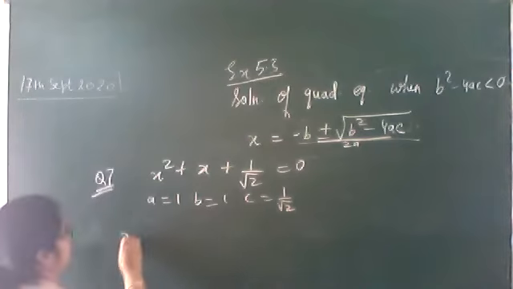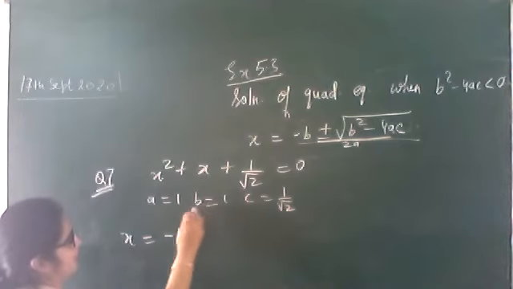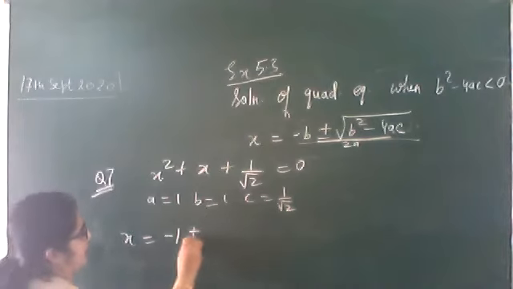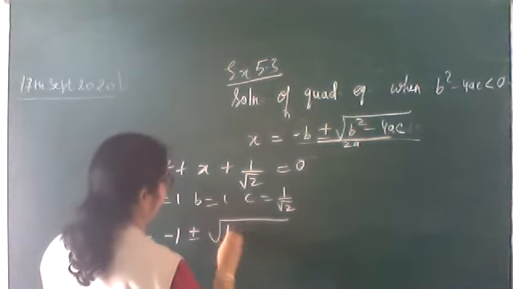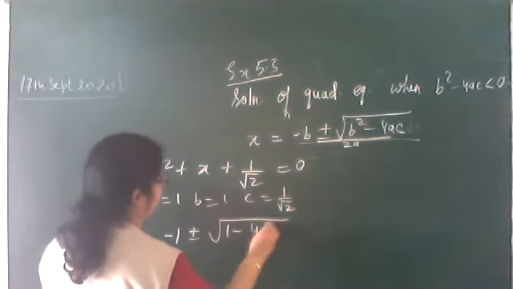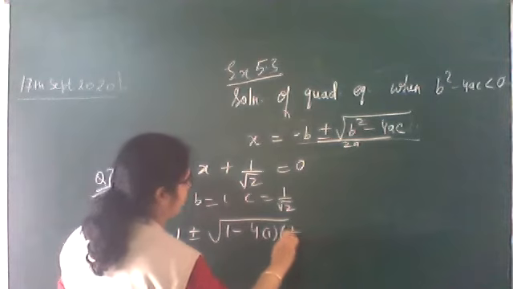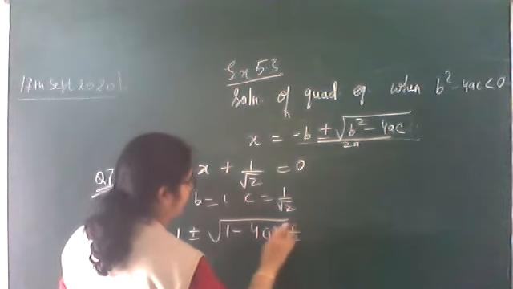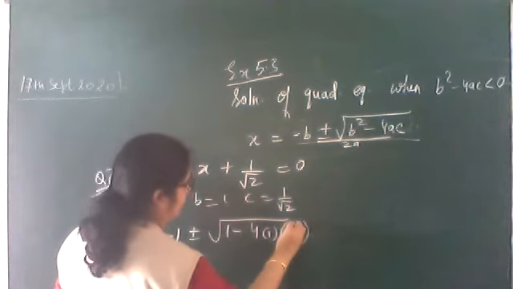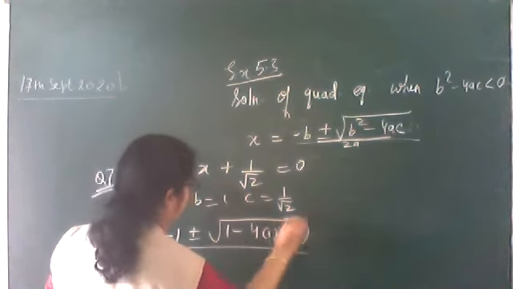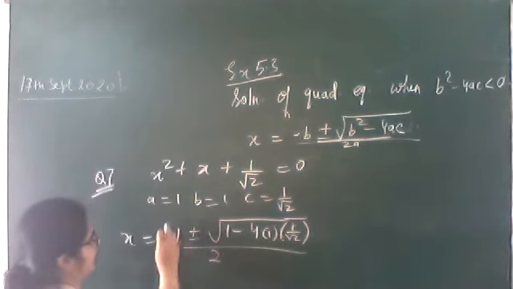So your x will be equal to what? Minus b, minus 1 plus minus root of b square 1 minus 4 times a is 1, c is 1 by root 2, 1 by root 2 upon 2a. 2 times a is 1 only.